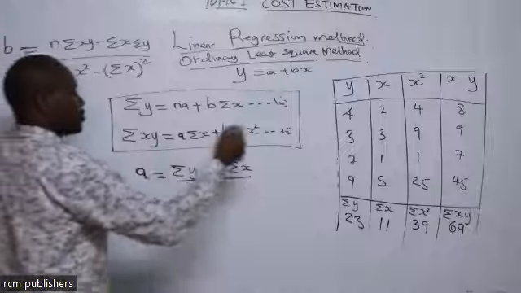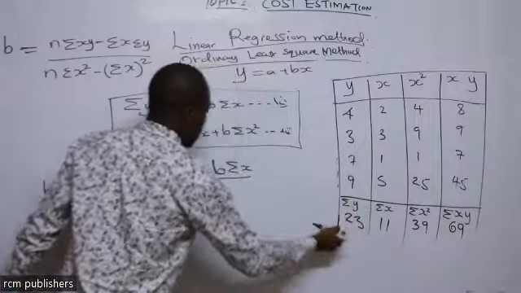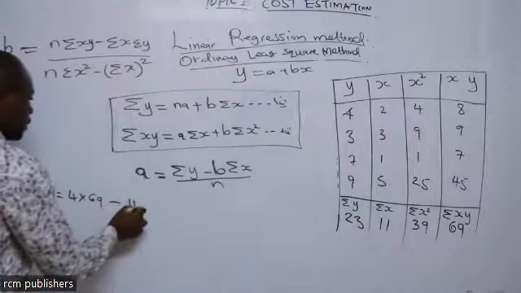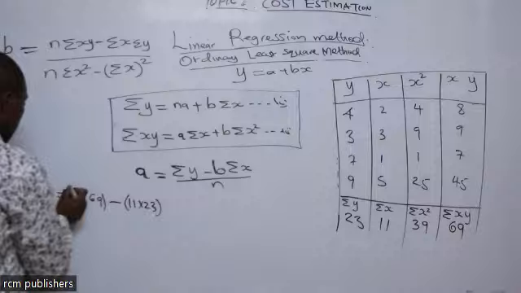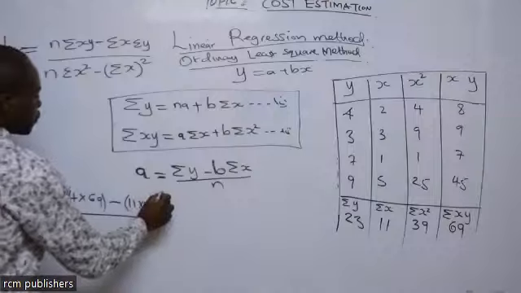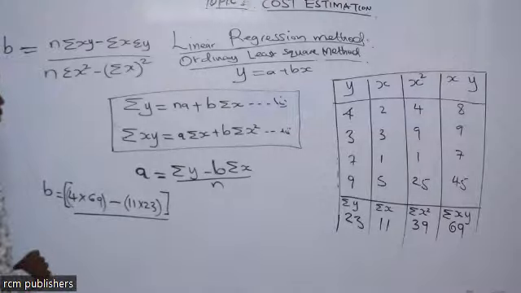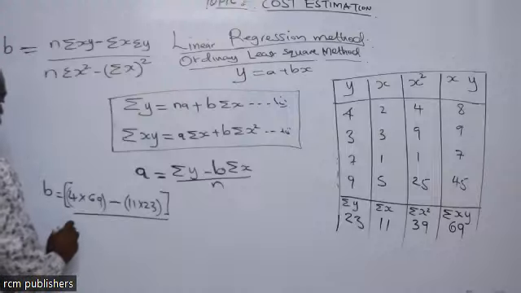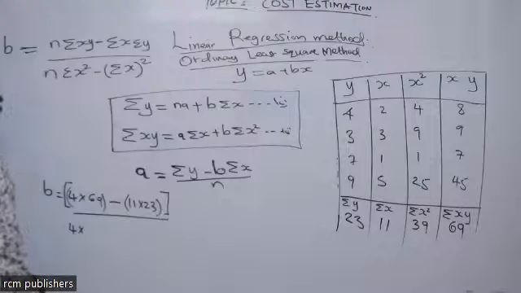That is 11 times 23. The whole of that will be divided by n, which is 4, multiplied by summation of x squared.